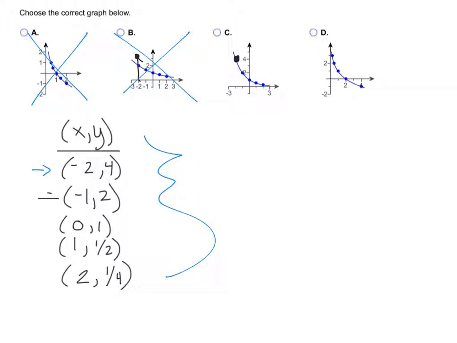We also want -1, 2, which is this point, 0, 1, and then 1, 1/2, and 2, 1/4. So it looks like all of the points are on this graph. So choice C is the correct graph.